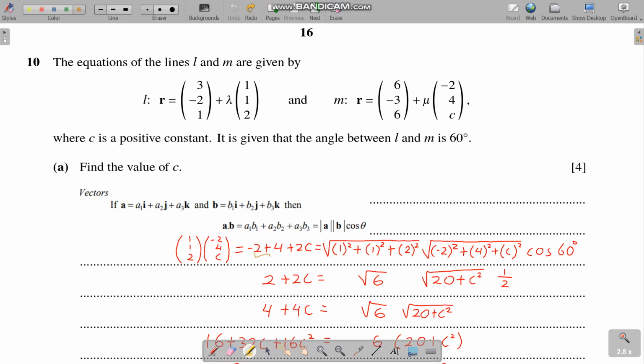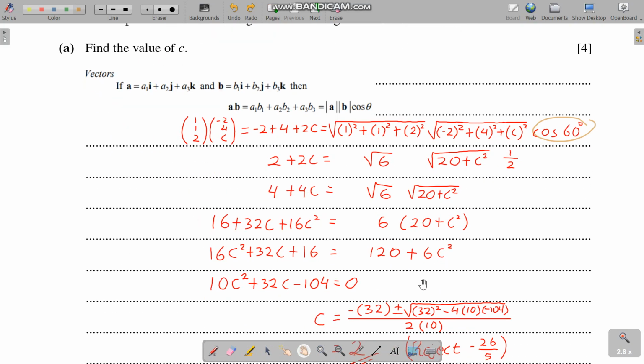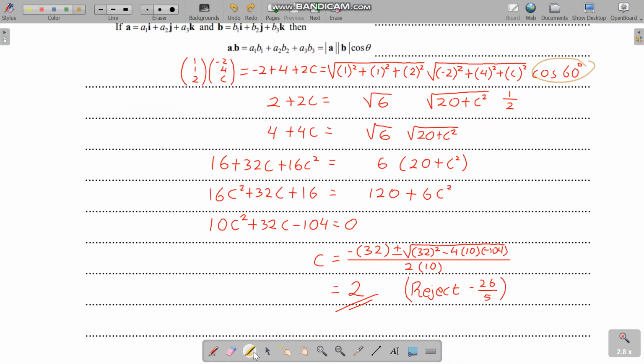So here you have 2 plus 2c, and use your calculator, you get root 6. Use your calculator, this is 4 plus 16, 20 plus c squared. Cos 60 is 1/2. And from here, just do the algebra. You multiply by 2, so 4 plus 4c, and cancel out the 1/2.